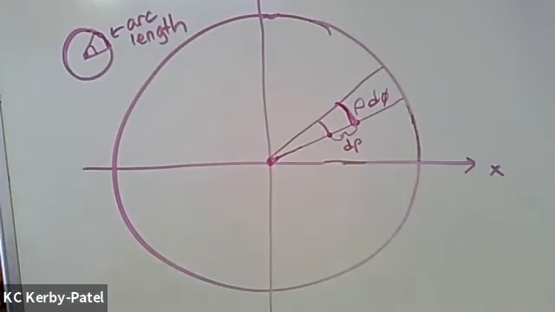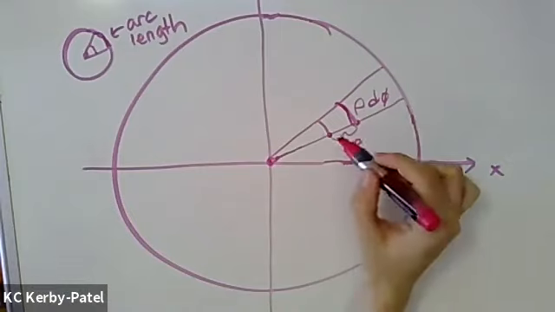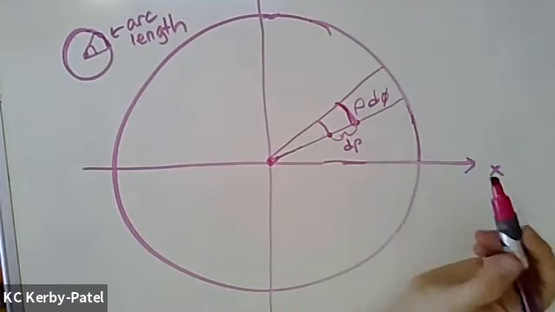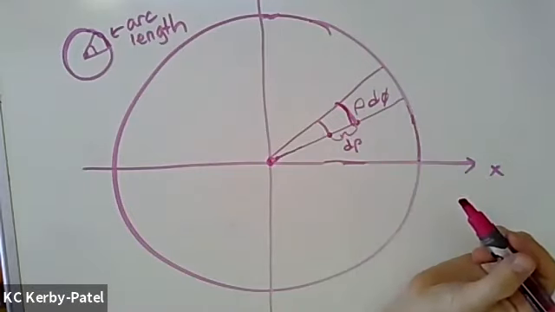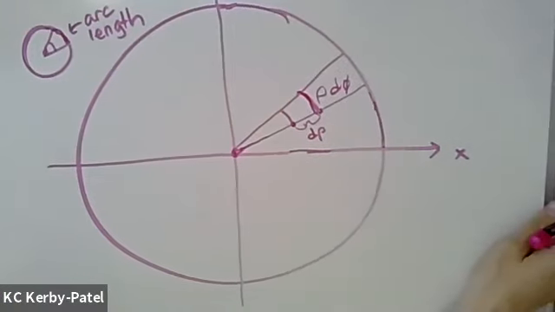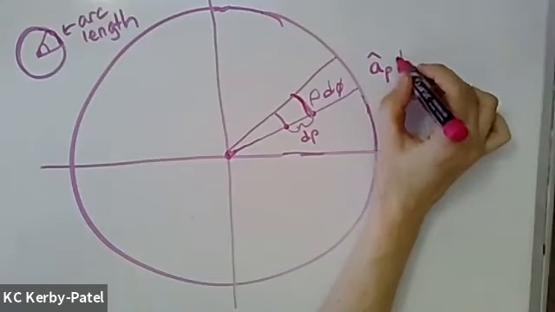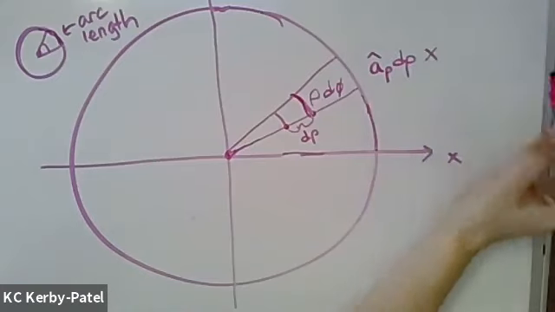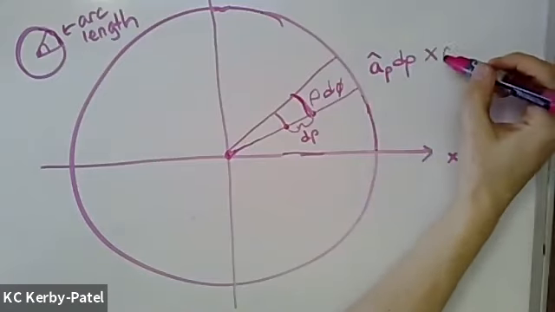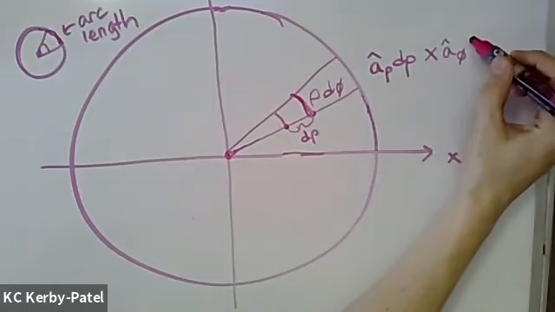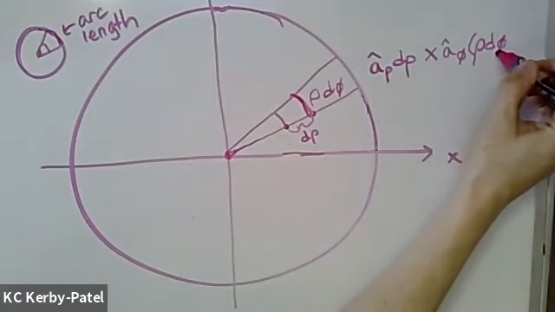So my differential surface element here, if I use the formula that I just wrote down on my more general example, I would have to do a hat rho d rho cross a hat phi rho d phi.